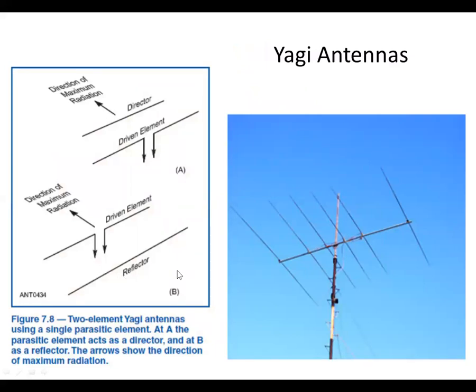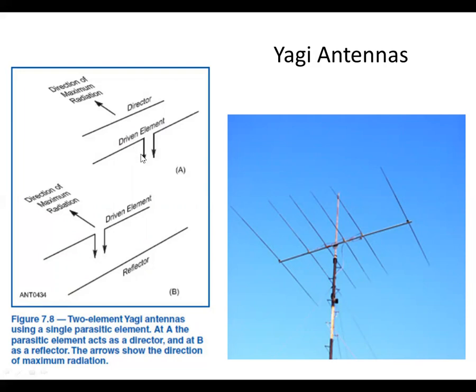And it looks like I got back into Yagi antennas for some reason. I think this is just showing a little more complicated one. One of these is the driven element. The others are reflectors and the director. The maximum direction of radiation from the driven element is opposite the direction of the reflectors, and the director is in the direction of the maximum radiation.